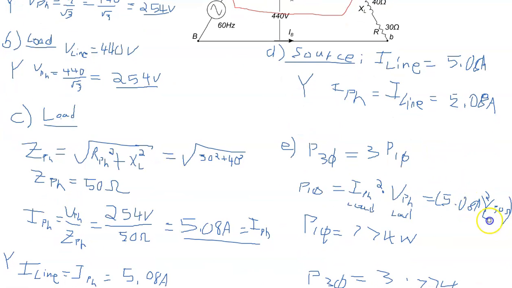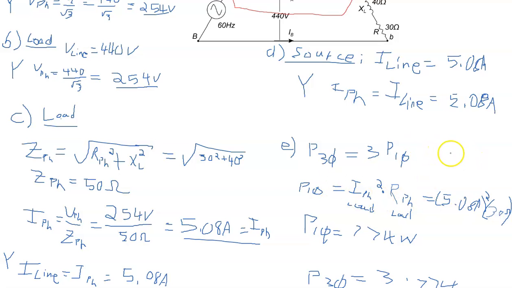Yeah, I put in 30 ohms, but no, right there, look, my power is I squared R, and so I'm supposed to have R phase there. So the 30 ohms is correct. Yeah, sorry about that. There should be R phase, and it is 30 ohms.